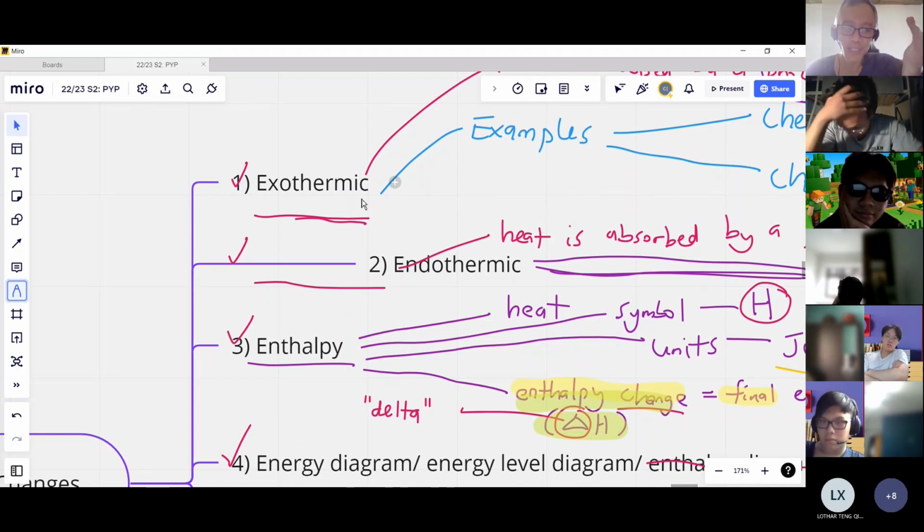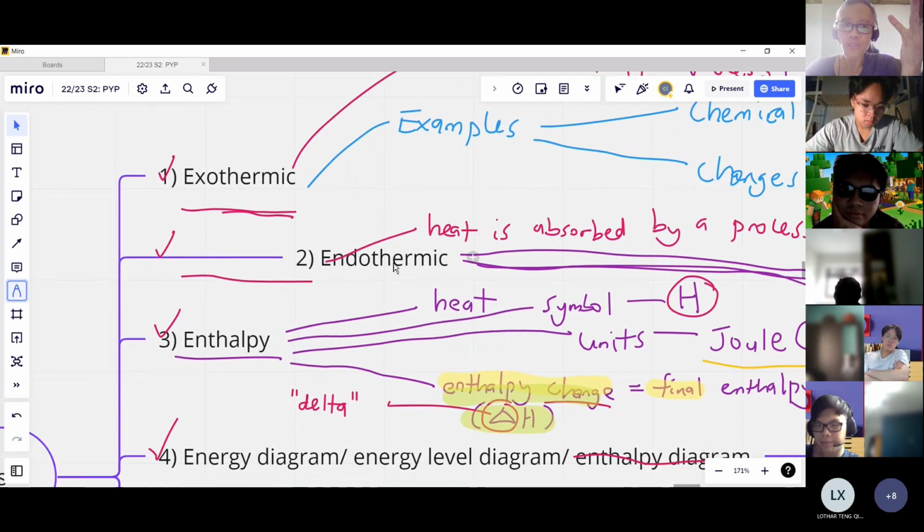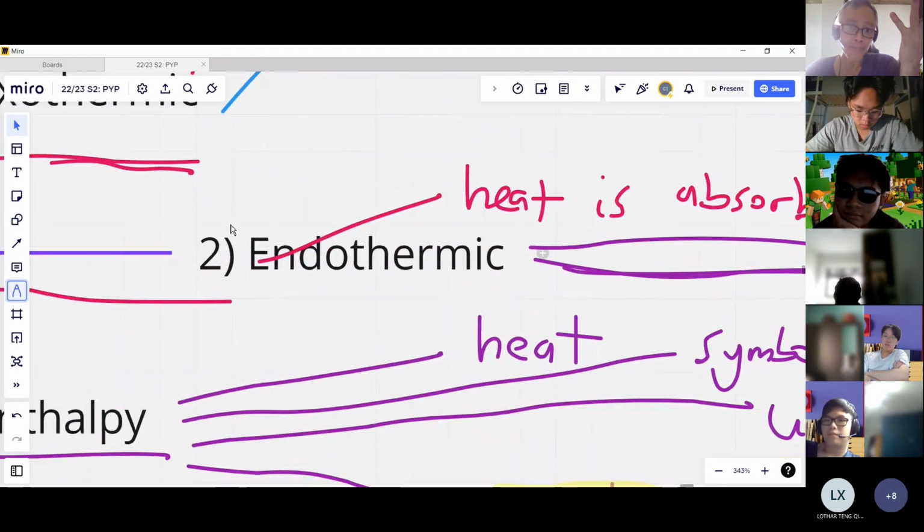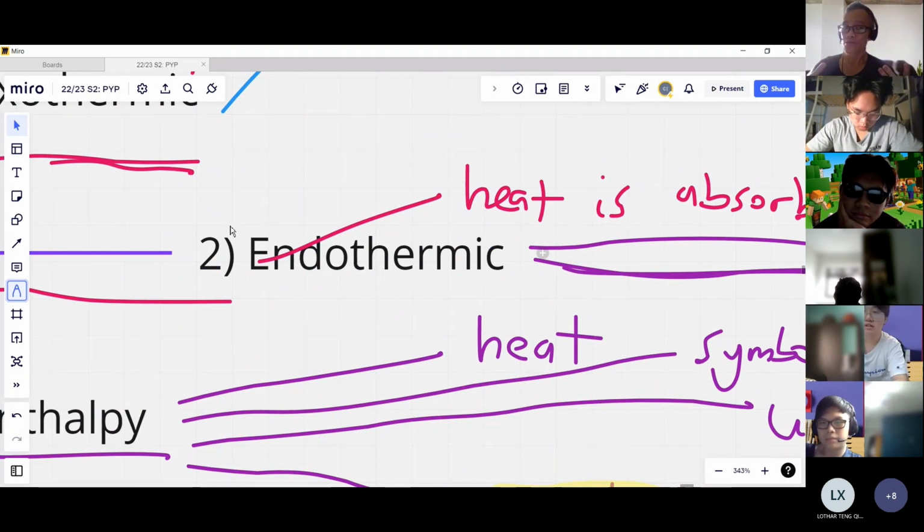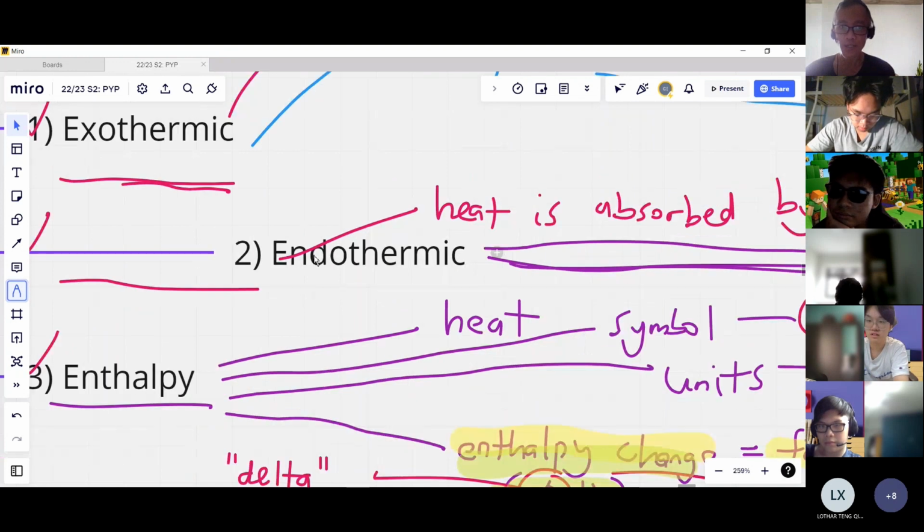That's the meaning of an exothermic process or reaction. And of course, the opposite is endothermic. Heat is absorbed by the process, and as a result the system is cooled down, temperature drops. That is endothermic. Please do not mess up on these two definitions.